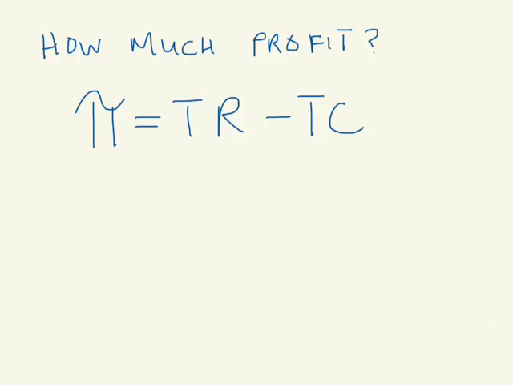There's going to be an equivalent definition that comes from this expression that I'm going to show you when we get to the graphical space that we use to summarize a lot of information about the firm.